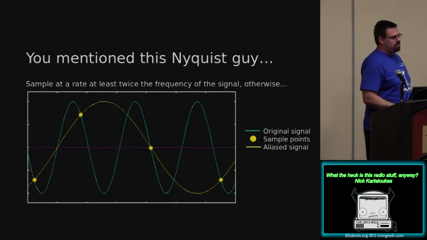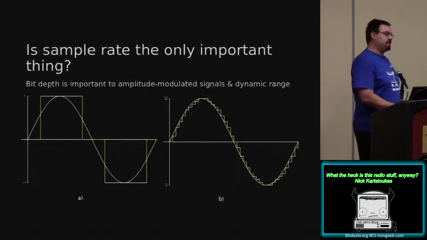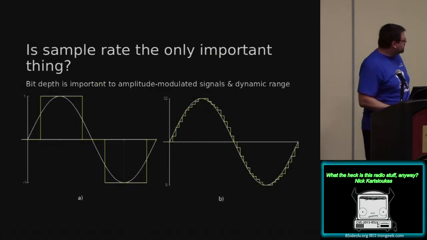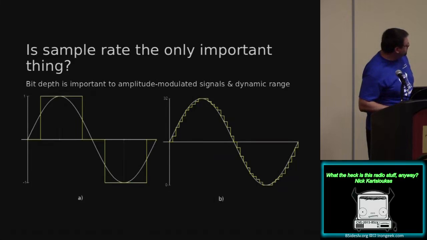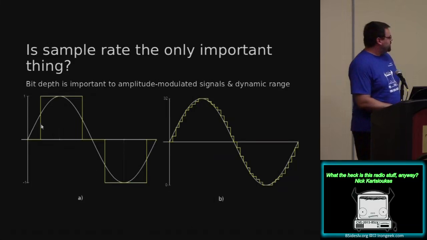In addition to the sample rate, the sample depth, or bit depth, is important. This is needed for a couple of things. So if we have... my mouse again. Mouse, where are you? There we go. So we've got the signal over on the left. It's a sine wave.